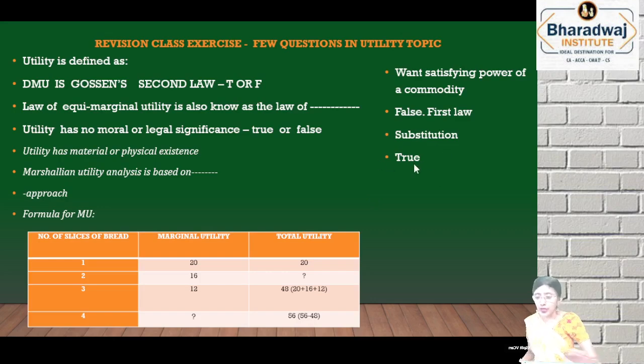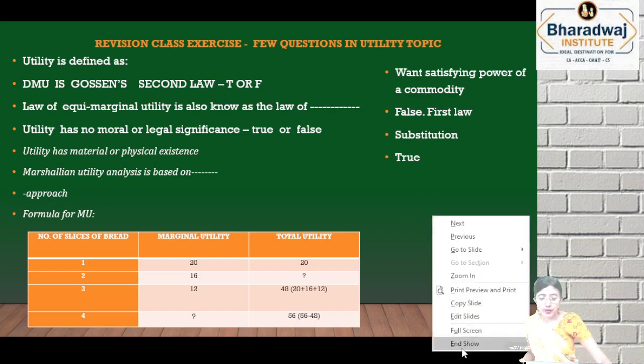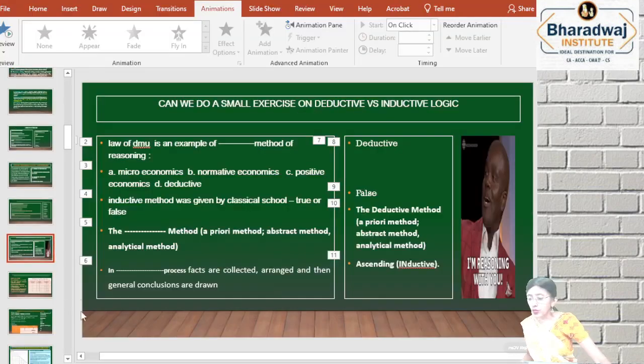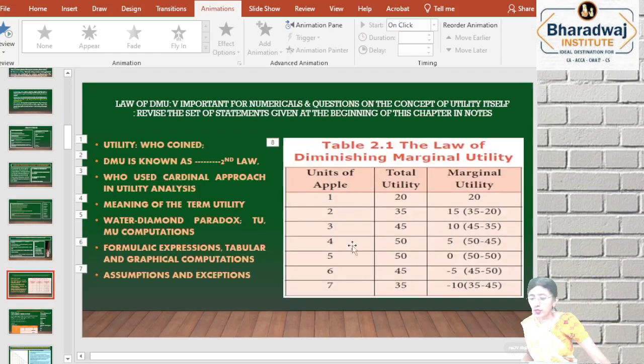Marshallian utility analysis is based on which approach? Cardinal or ordinal? That's what I told. It's false. I'm telling you false 1,000 times, but I think you're not able to listen.